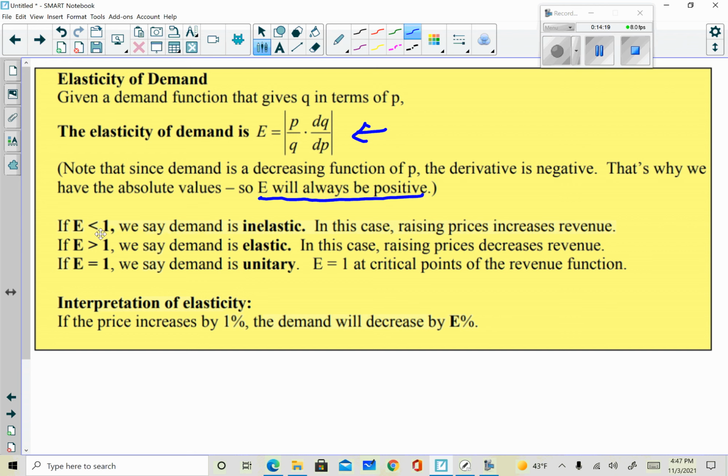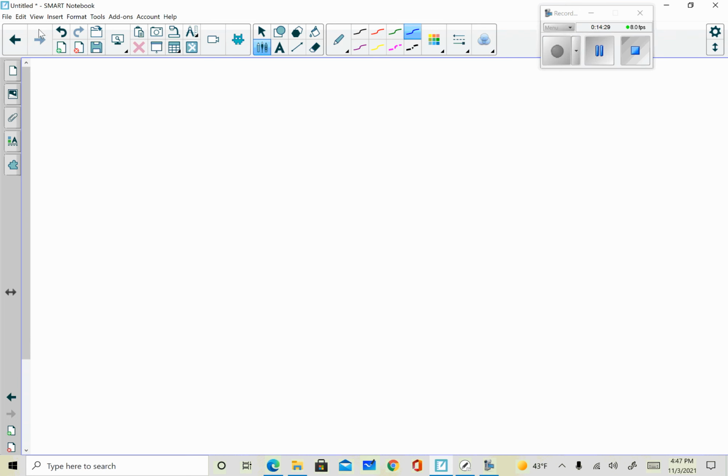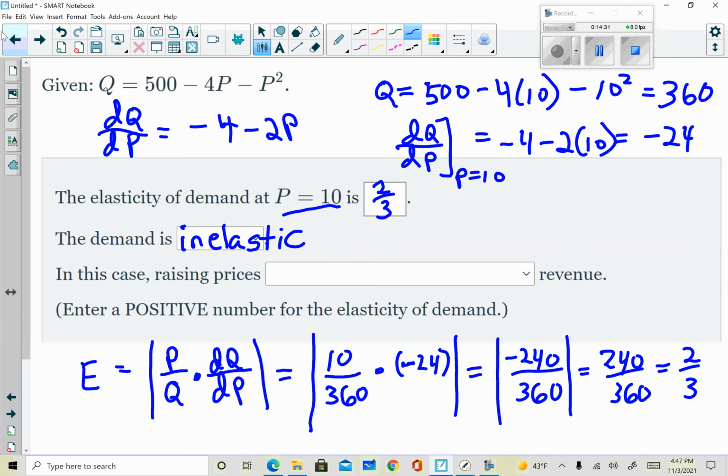When elasticity is less than 1, raising prices increases revenue.